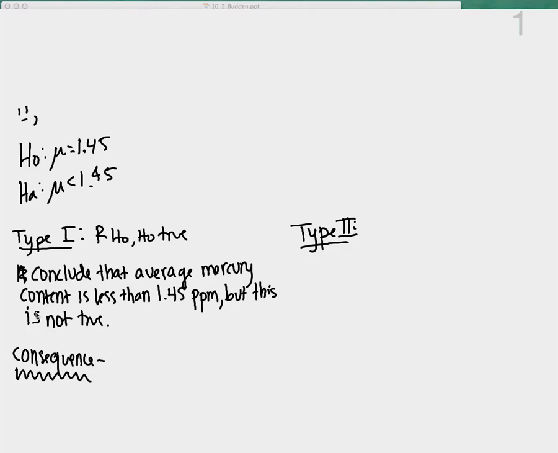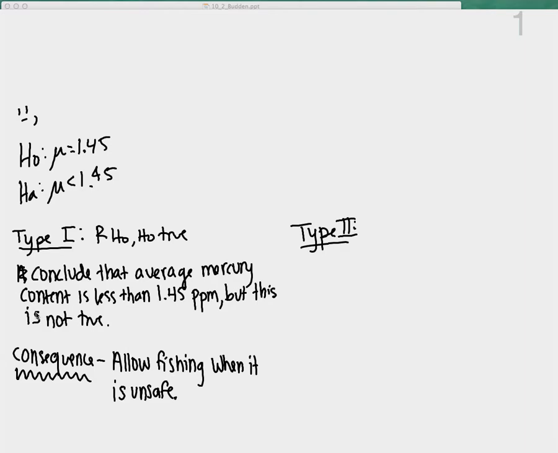So you're going to allow fishing when it is actually unsafe. Okay, so that's our type 1 error.